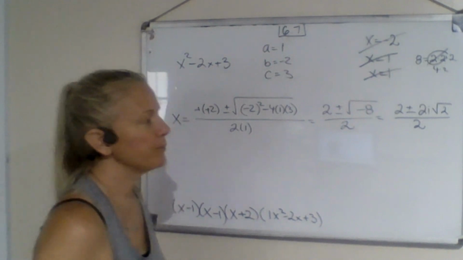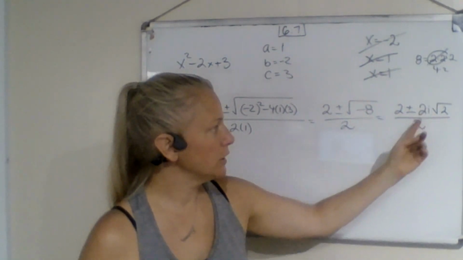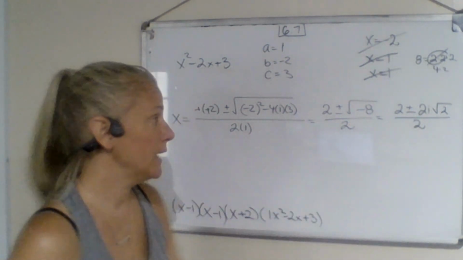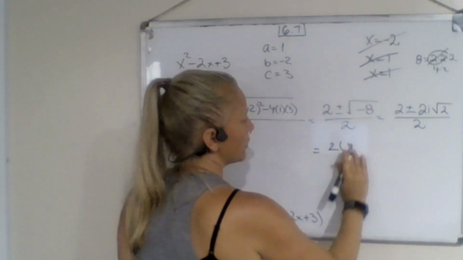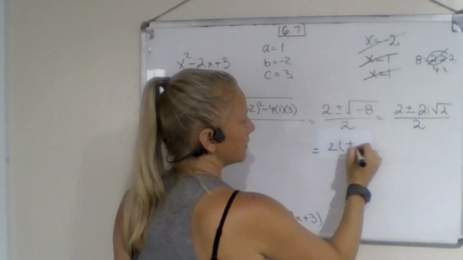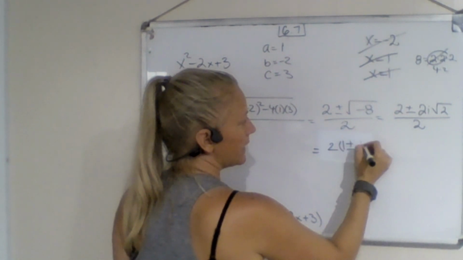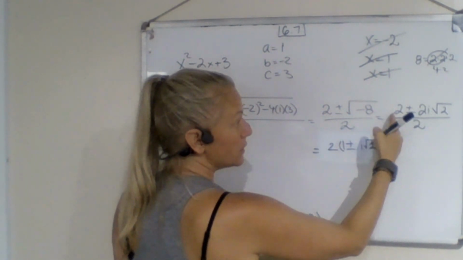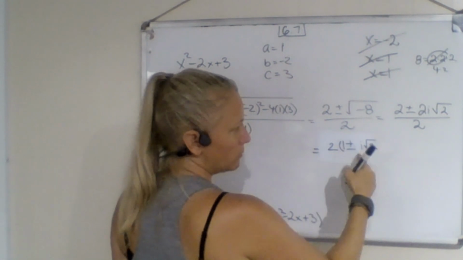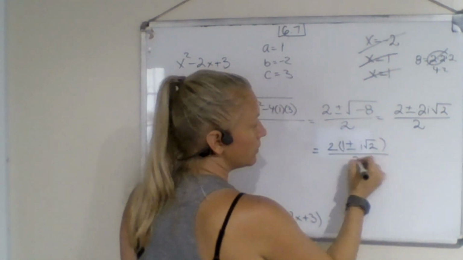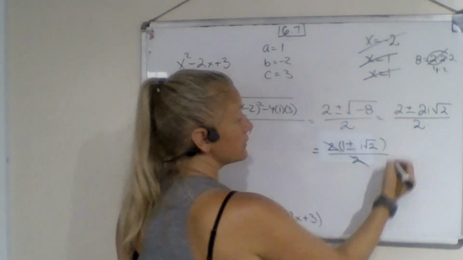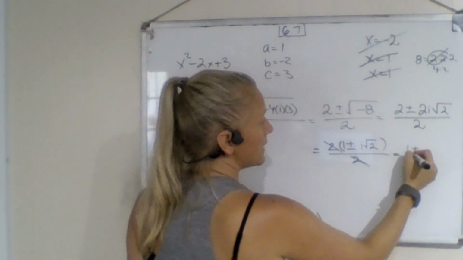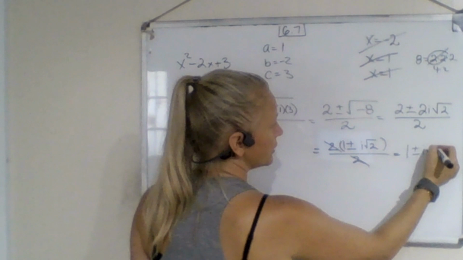And if you remember, I told you if you have a 2 and a 2 over there, you can go ahead and factor 1 out. 1 plus or minus I root 2, right? 2 divided by 2, 1. 2 divided by 2, 1. I square root of 2 all over 2, which cancels that one out. So my last solutions for these equations are 1 plus or minus I square root of 2.